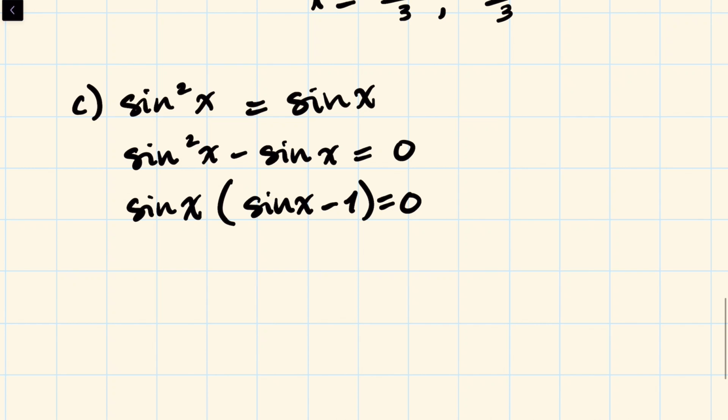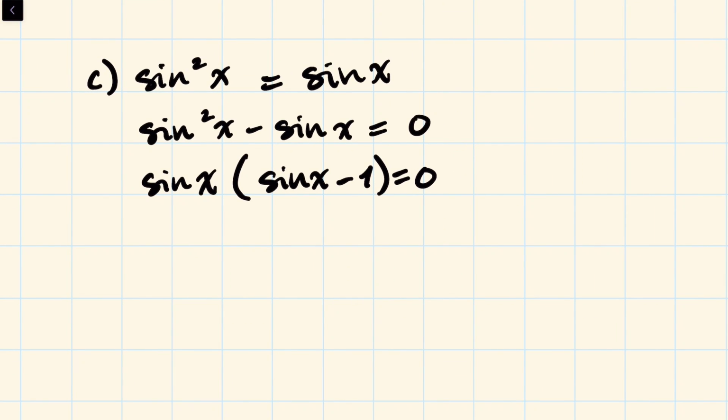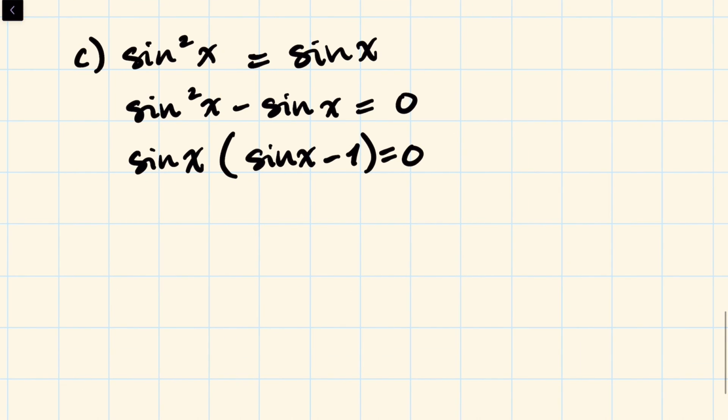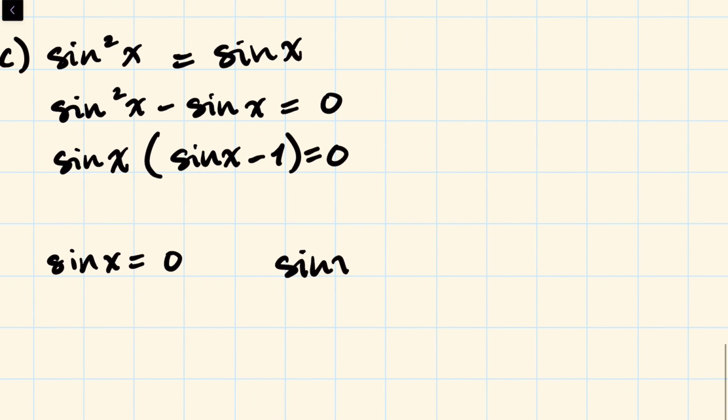Okay. So now we have two possibilities, because this could be 0 or this could be 0, right? So we have sine x equals 0 and sine x minus 1 equals 0.